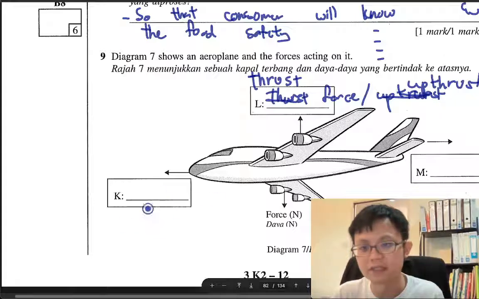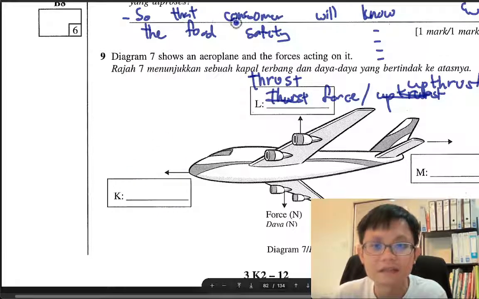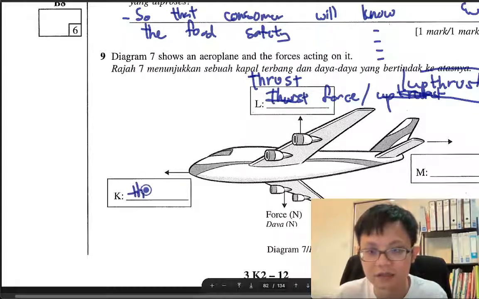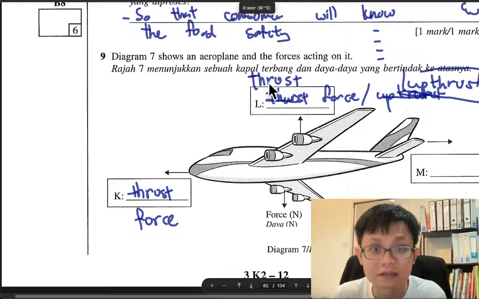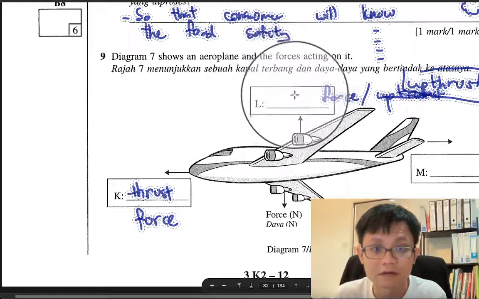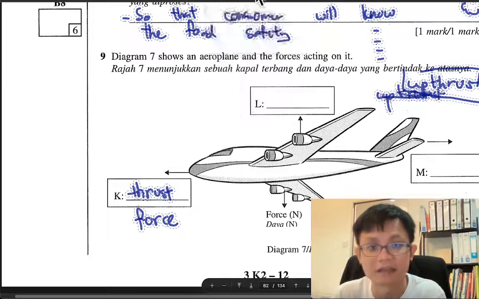And for the forward, what is the force? Sorry, the book here says up thrust. This one I am confirmed. The thrust force is supposed to be here. Thrust force. So let me take the liquid and erase this. That's why I ask why they use this term, but I read the marking scheme wrongly, sorry.